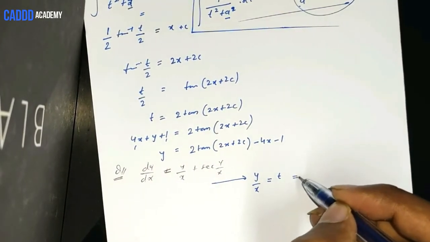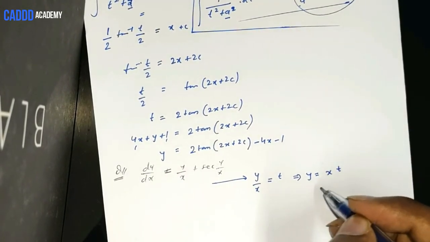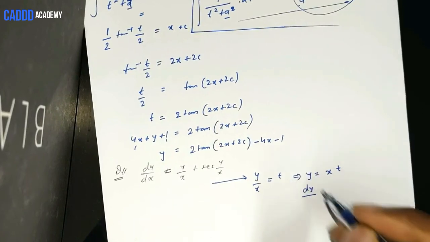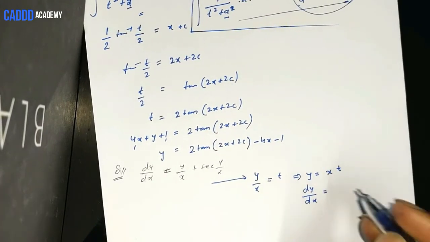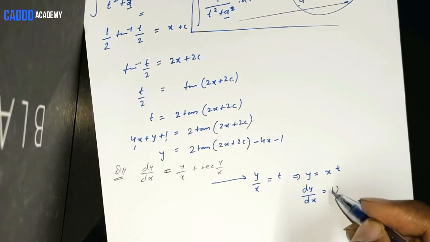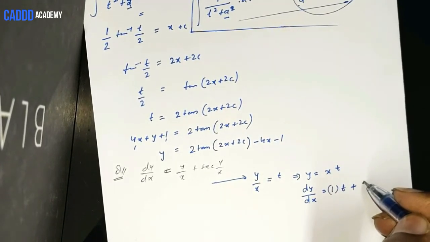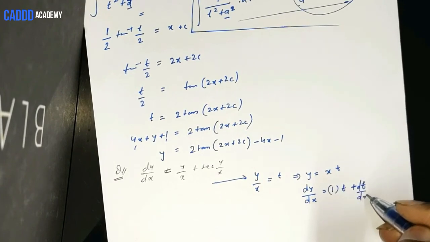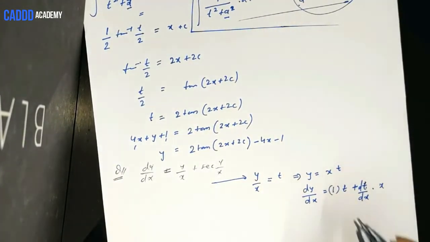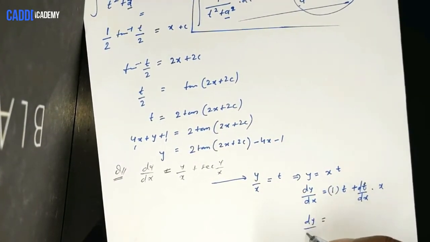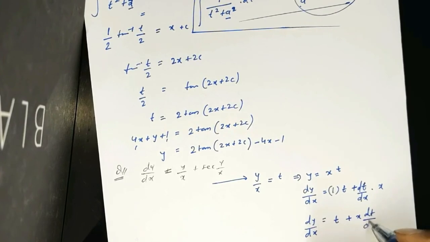So y will be equal to x into t. And dy by dx will be equal to first function's differentiation, second as it is, plus second function's differentiation, dt by dx, and the first as it is. So writing it simply, dy by dx, we got t plus x into dt by dx.